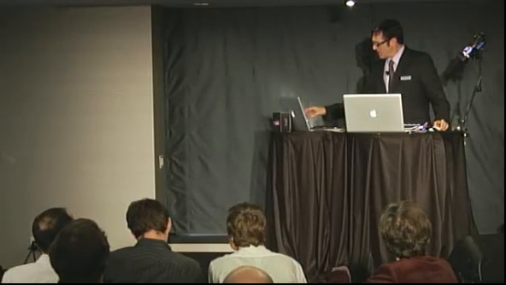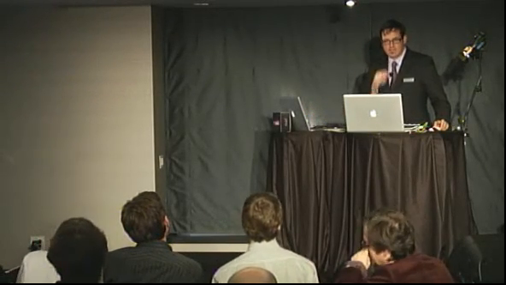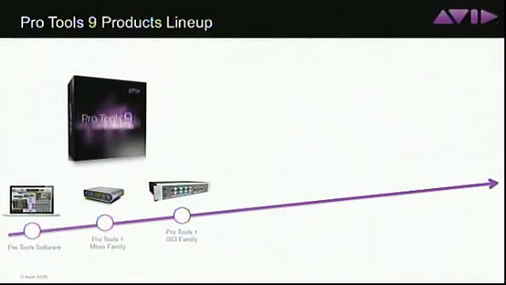All right, if we can get up the PowerPoint, I just want to run through this laundry list. We're going to basically do a little recap here. So this year we launched the new HD Series I/O, HD I/O, Omni, MADI, third generation Mboxes, Pro Tools HD Native, and now Avid brings you Pro Tools 9, a standalone digital audio workstation completely built from the ground up with automatic delay compensation, increased track count, support for third-party hardware, and built-in audio.